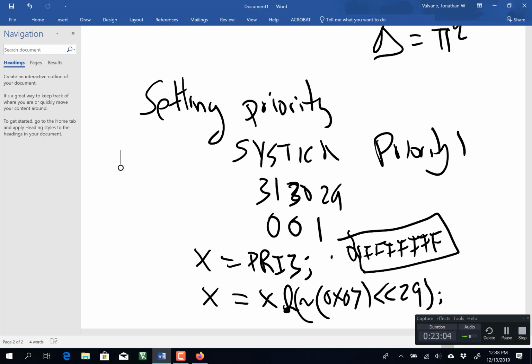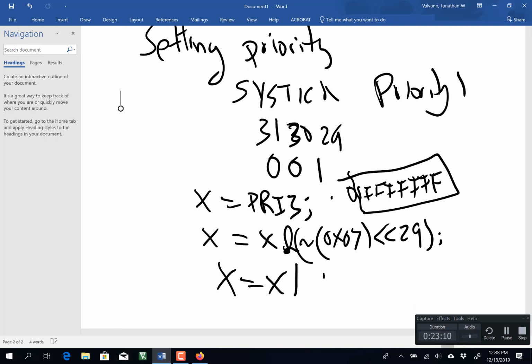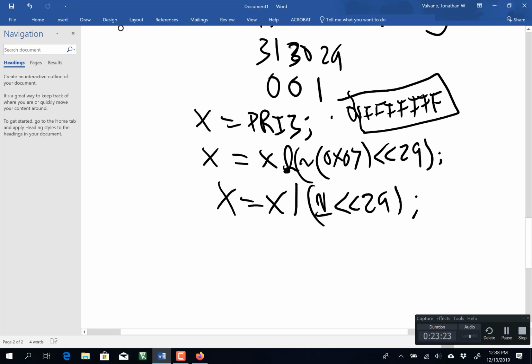And then what I want to do is set the 1 into that position: x equals x or 1 shifted 29 times. And then I'm not done. One more step. I need to save it back, because x is just some local variable or a register or something.